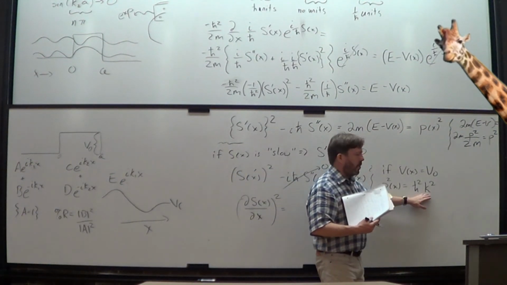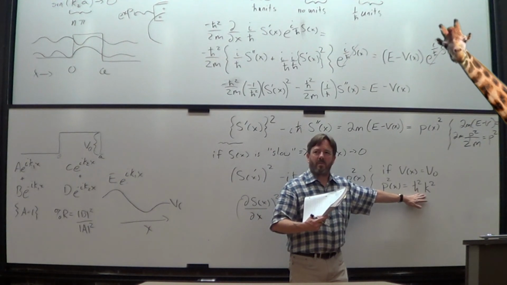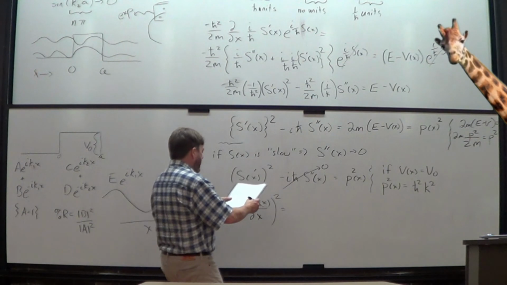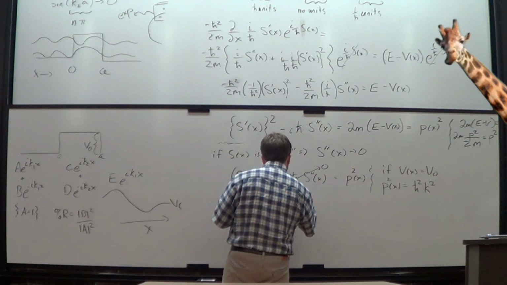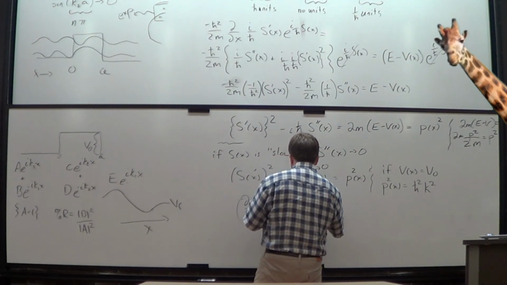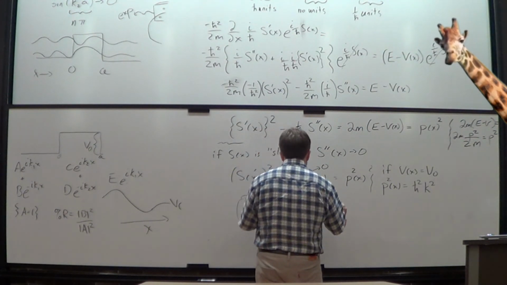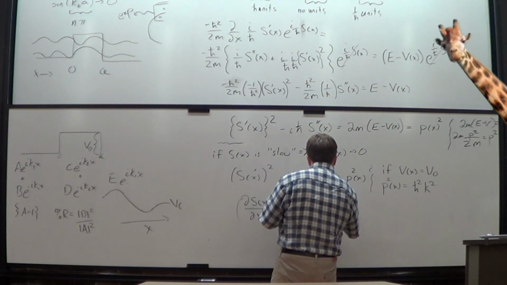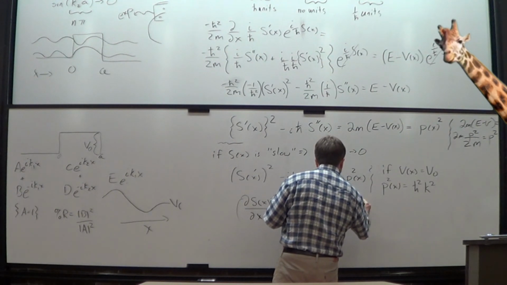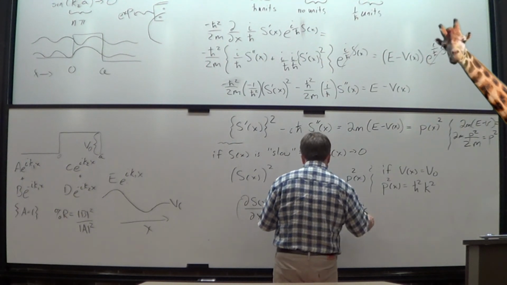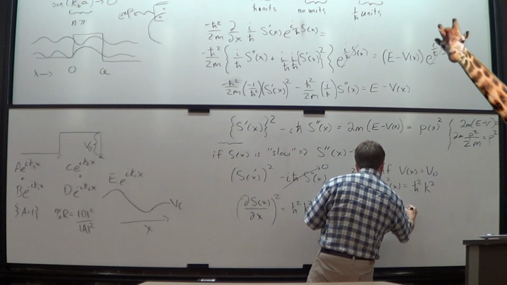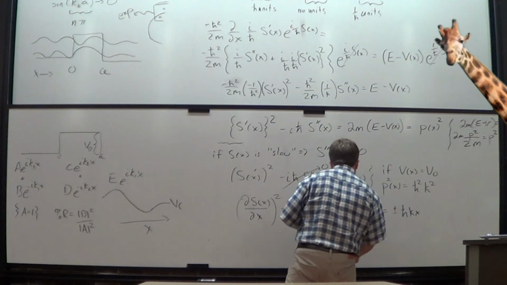Okay, so remember, for waves, h bar k is the momentum, so the square is h bar squared k squared. So if you end up with this, and then I can tell you that in that case, S is just the integral of plus or minus h bar k dx, which is plus or minus h bar kx.